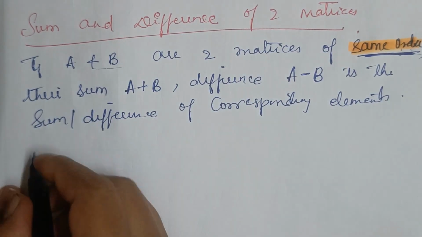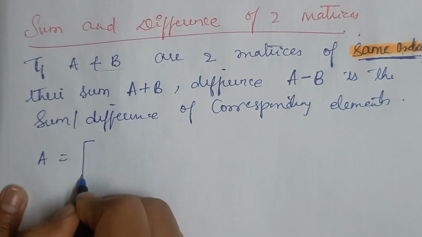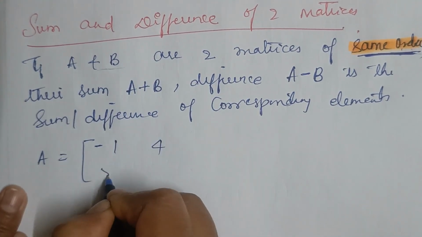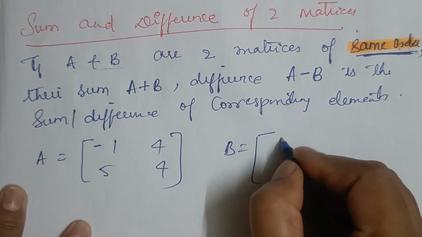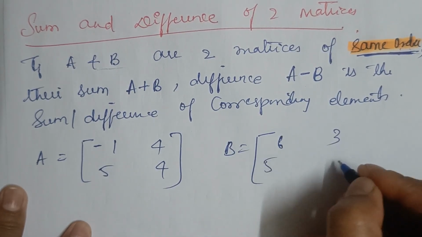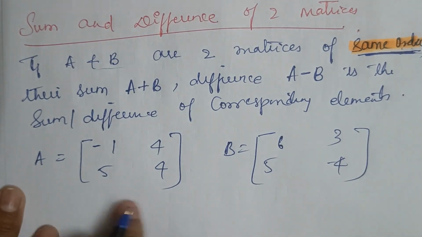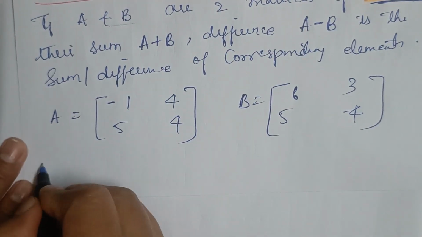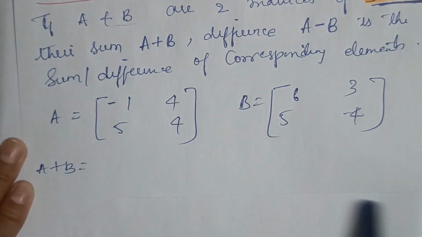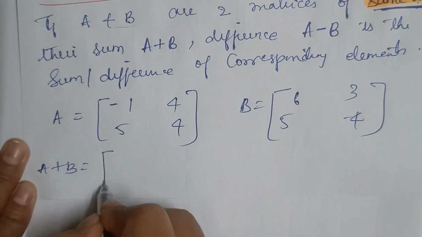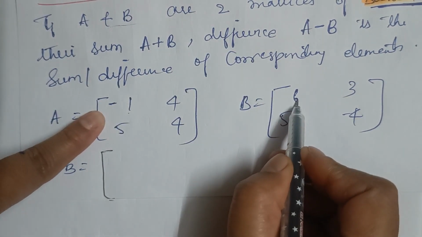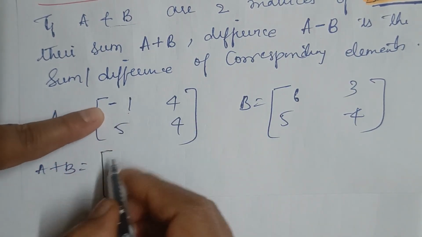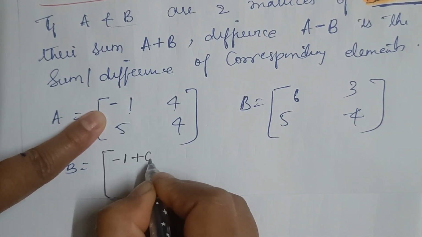For example, I have a matrix A equal to minus 1, 4, 5, 4, and B equal to 6, 3, 5, minus 4. Then if I add A plus B, minus 1 plus 6 is the first element.